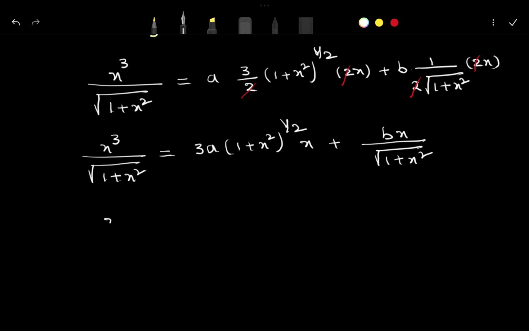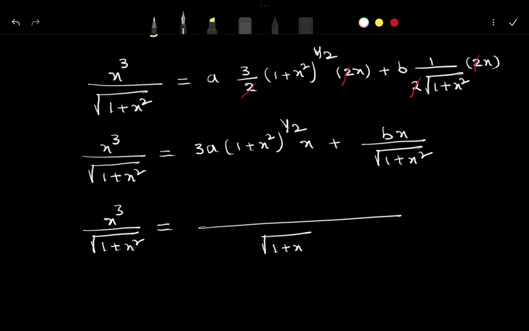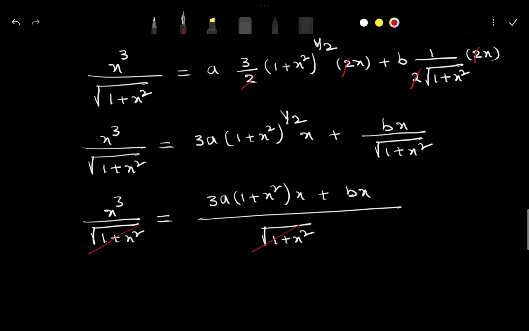So the left hand side is x cube divided by root of 1 plus x square is equal to, the LCM will be root of 1 plus x square, and the numerator value is 3a into (1 plus x square) into x, plus b into x. You see here, on both sides the LCM, root of 1 plus x square, cancels.